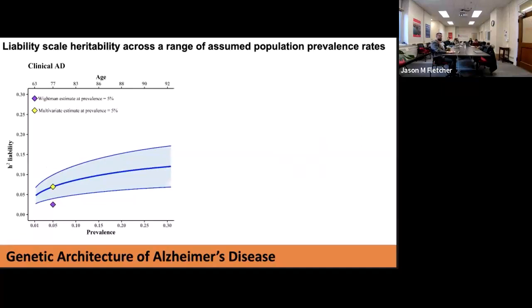We next assessed the effect of assumptions regarding population prevalence rates on our liability scale heritability estimates for Alzheimer's disease, and we varied the assumed population prevalence rate. In Alzheimer's disease, the lifetime prevalence goes from about 1% at age 60 to 30% for people over 90.